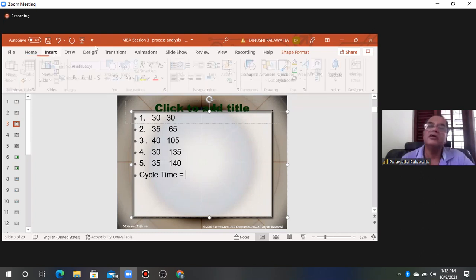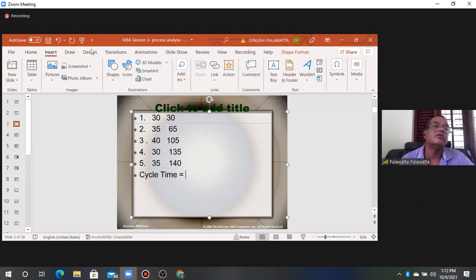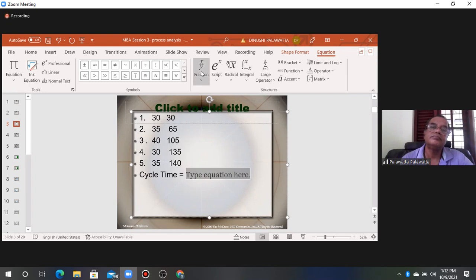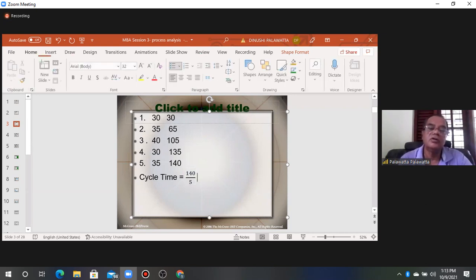So we divide the 140 divided by 5. So this equals 65, 105, 135, then plus 35, 170. 170 divided by 5.